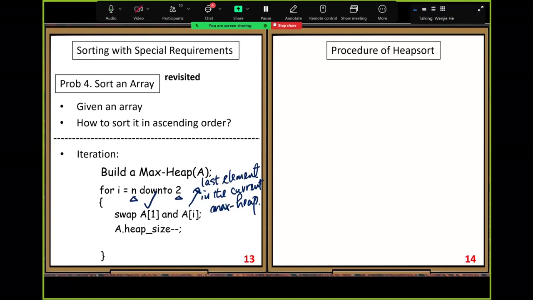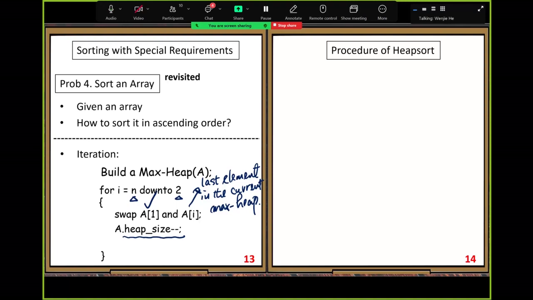Before we do that, we need to reduce the heap size, because after you put one element in place, your heap size is reduced by 1. We should exclude all those in-place elements from our current heap.